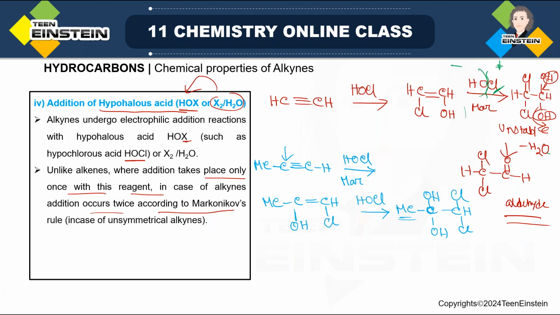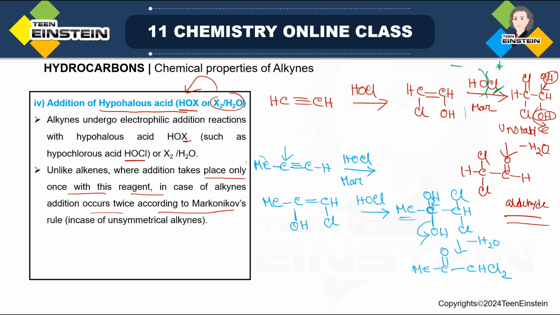But remember, as we have said, when two OH groups are present on the same carbon, this type of OH bond will be broken. C double bond O, this OH is removed, so it is net removal of one water molecule. So ultimately you are getting MeCO CHCl2, which is nothing but a keto compound, right?